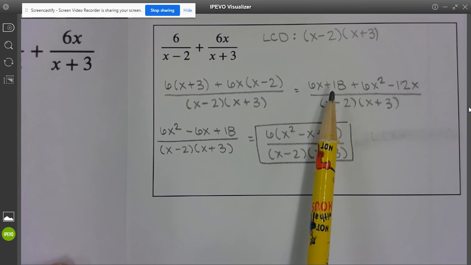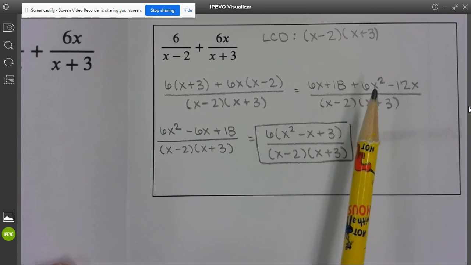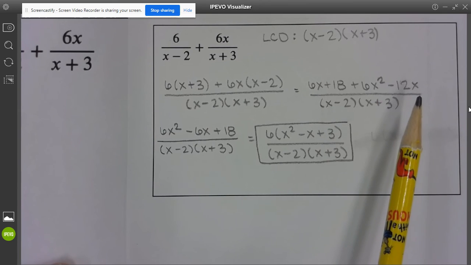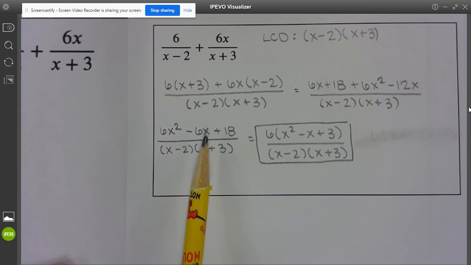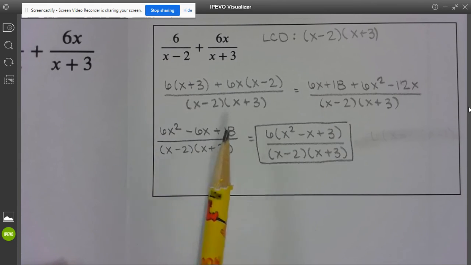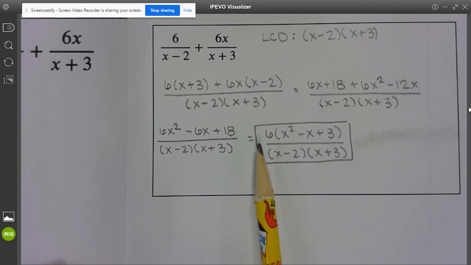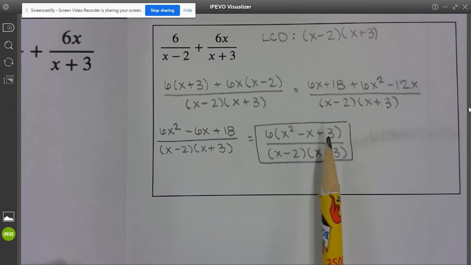So that gives me 6x plus 18 plus 6x squared minus 12x. Here I combined my like terms, and I noticed that 6, negative 6, and 18 all have a 6 in common. I factored out the 6. This quadratic in here is not factorable, so that's as simplified as I can make my answer.